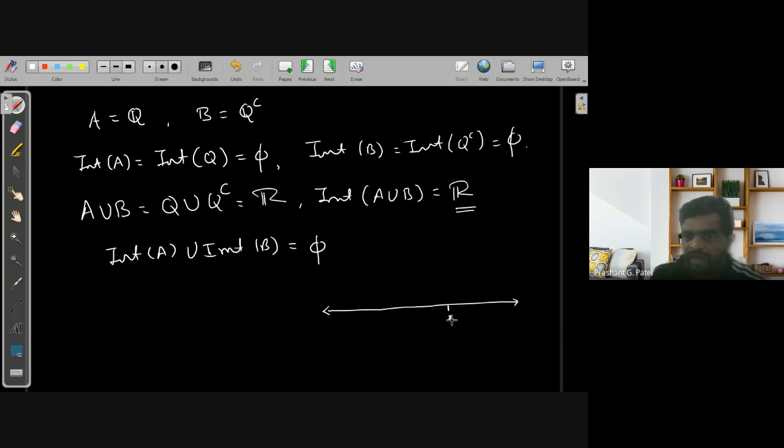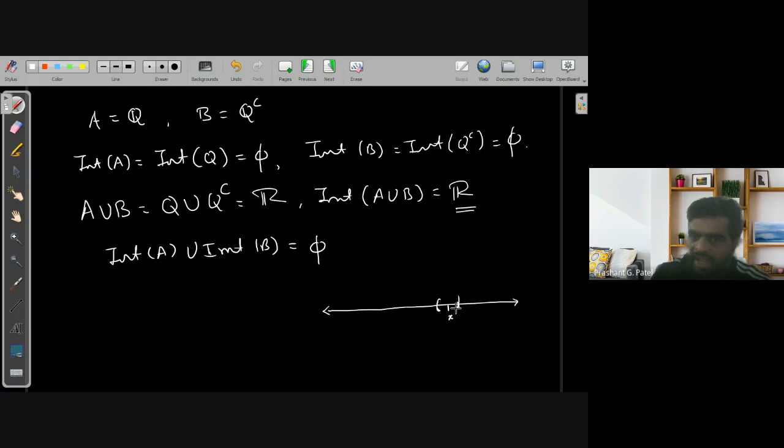If it is a rational point and I take a neighborhood of that point, then that neighborhood always contains irrational points due to the rational density theorem. So this interval will never lie inside the set, because it contains irrational points.